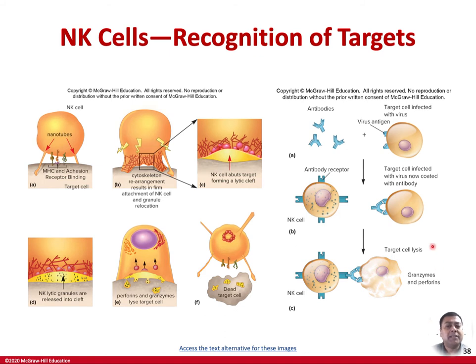Whereas the opsonization by the macrophages or the neutrophils works in a slightly different way. In those cases, the antibodies do not bind on the cell surface, but the antibodies bind directly on the pathogen, suppose a bacteria. And that bacteria will be phagocytosed by the neutrophil or macrophage, and that is the opsonization.